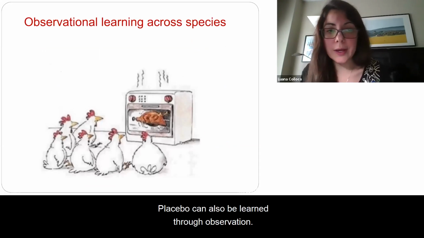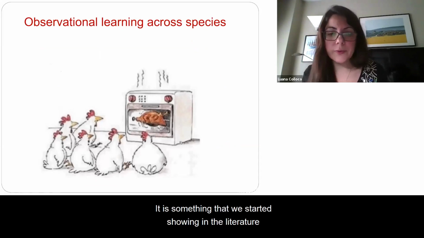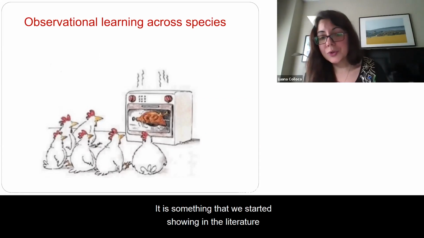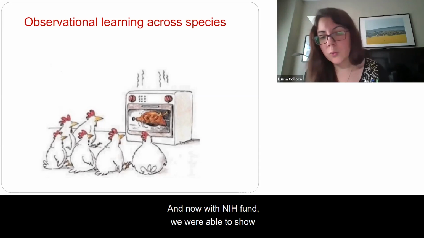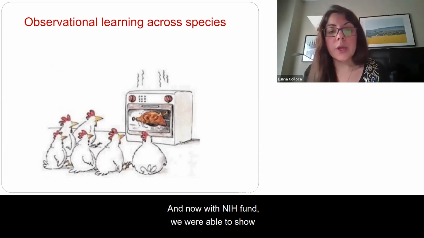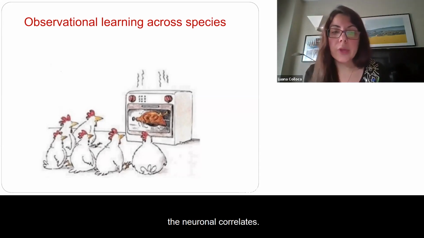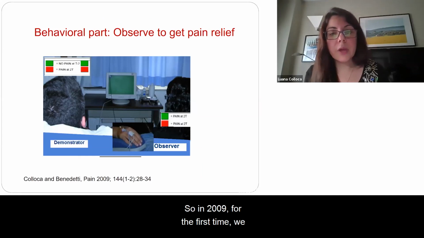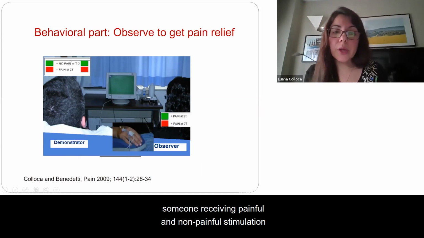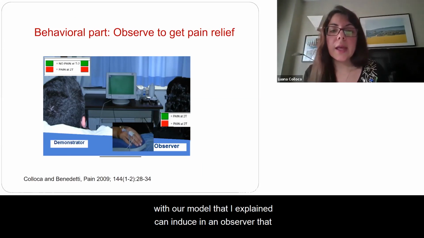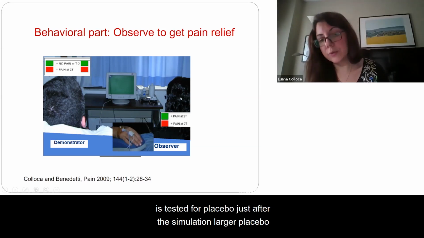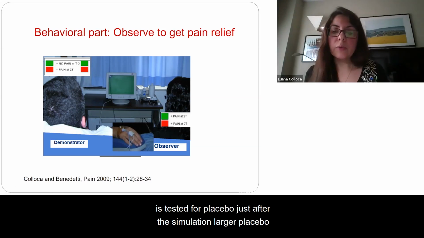Placebo can also be learned through observation. That is something that we started to show in the literature about 1 decade ago, and now with NIH funding, we were able to show the neuronal correlates. So in 2009, for the first time, we demonstrated that merely observing someone receiving painful and non-painful stimulation with the model that I explained can induce larger placebo effects in an observer who is tested just after the simulation.